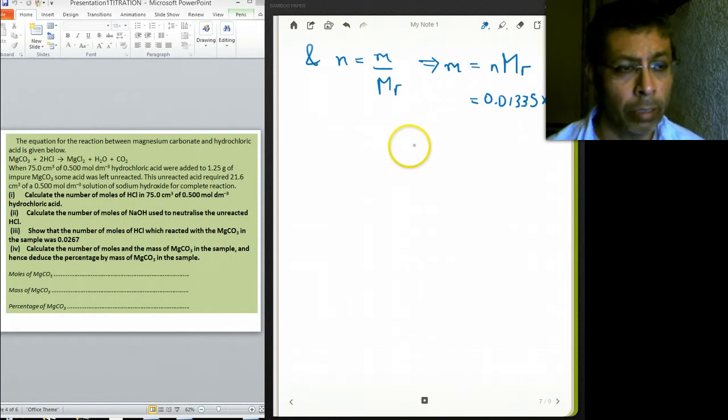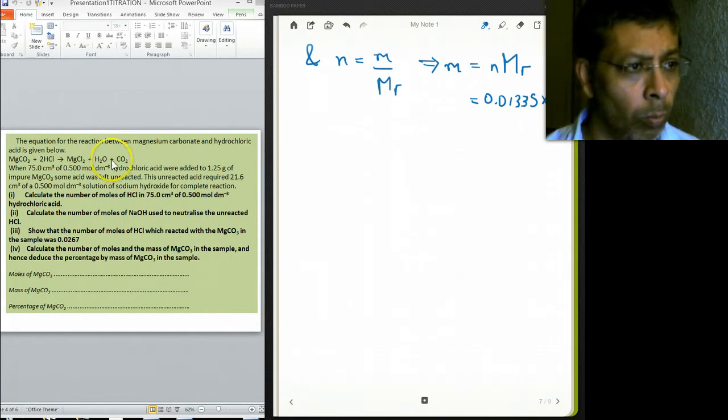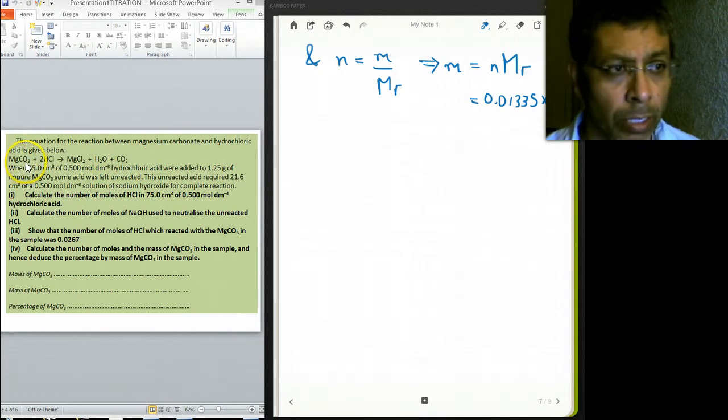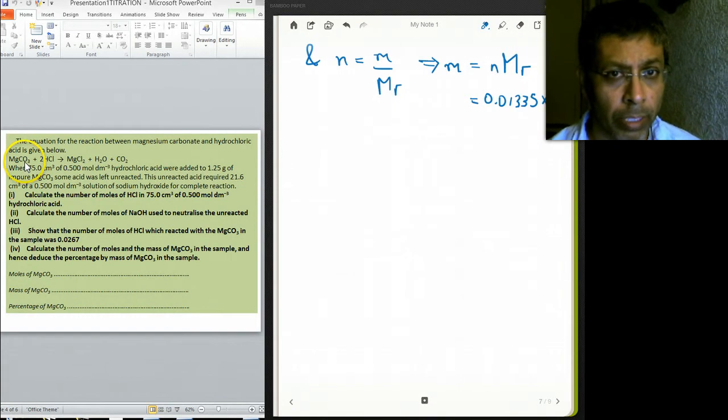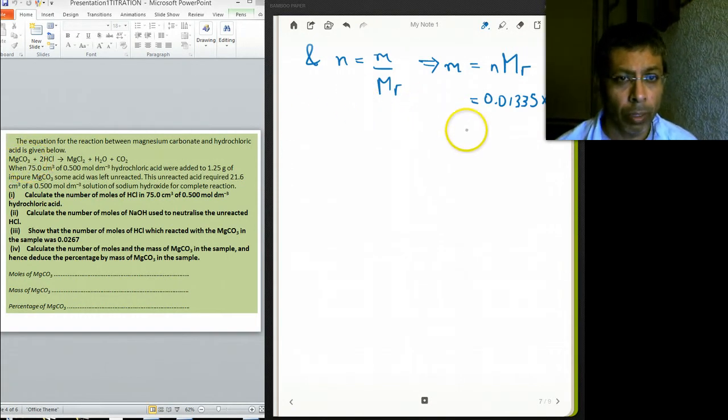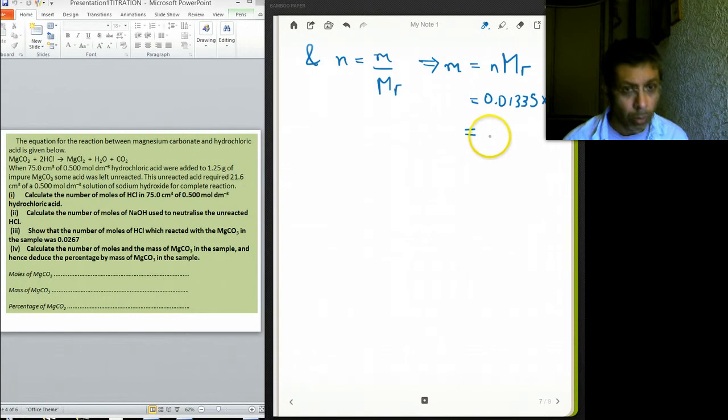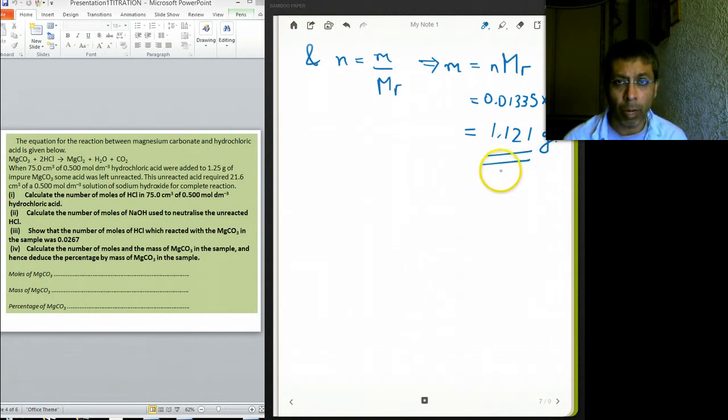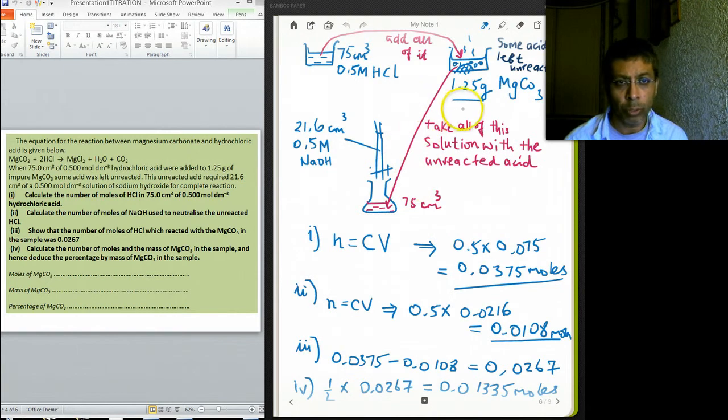For magnesium carbonate, 24 plus 12 plus 3 times 16 will give us the molecular mass, which is 84, and that will come to 1.121 grams. To work out the percentage, so that's the actual magnesium carbonate in our sample, if you look back, the sample they used was 1.25 grams. That had impurities in it.